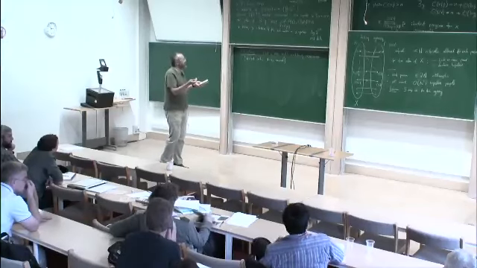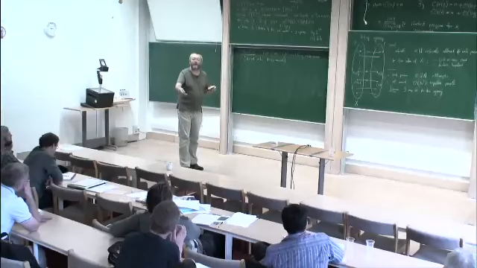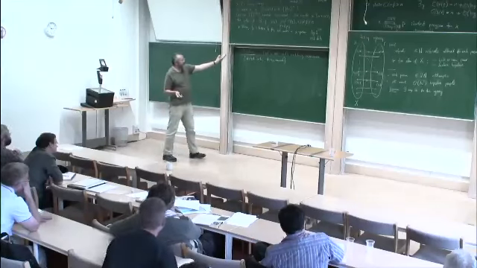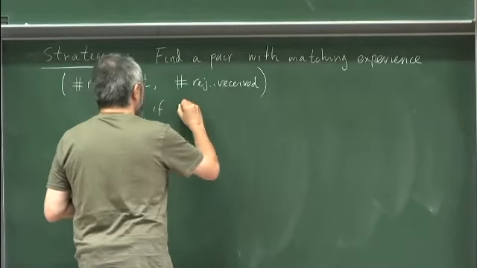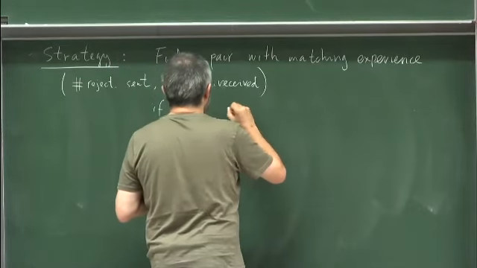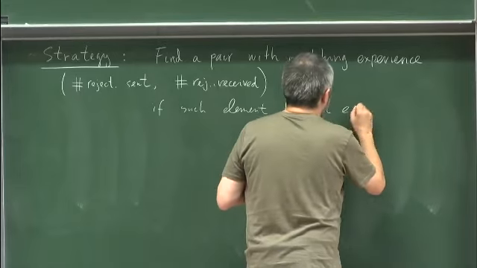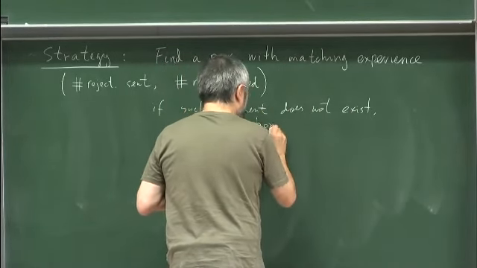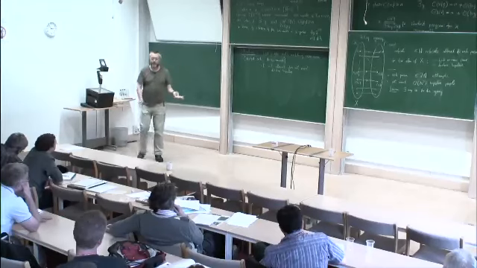No, but it's not just complexity, it contains a lot of information about the former partners. It's not exactly complexity. Let me just say why it works. It's very simple. Find a pair with matching experience, and if such an element doesn't exist, just declare it hopeless. So it's a very simple strategy. If you can find a person with the same experience, do this.